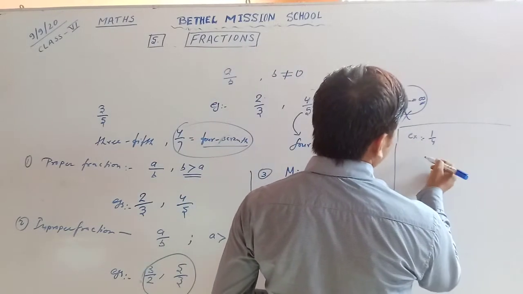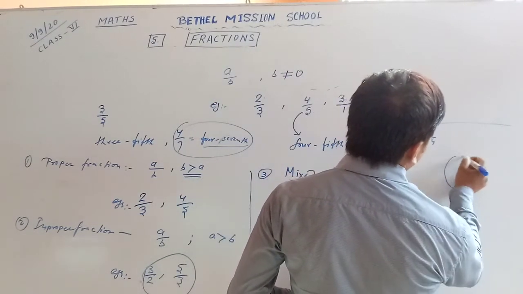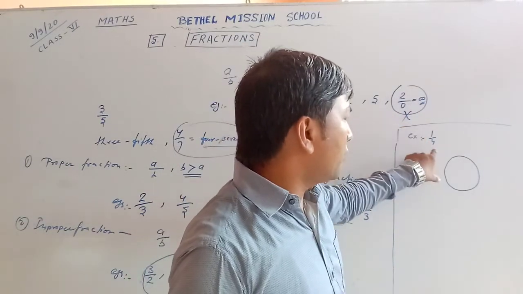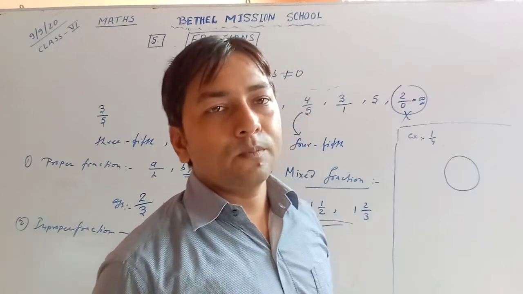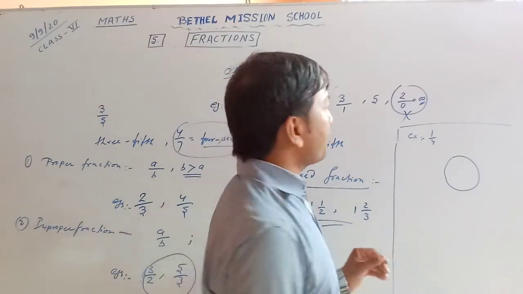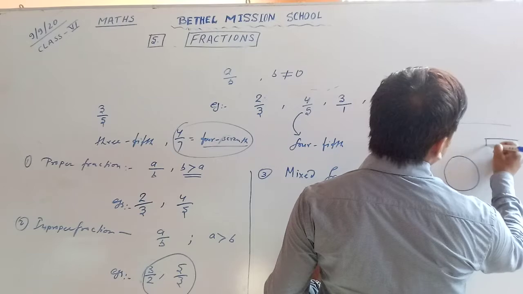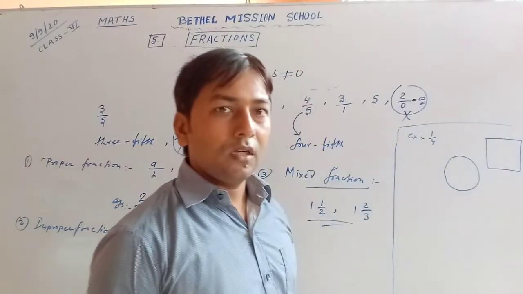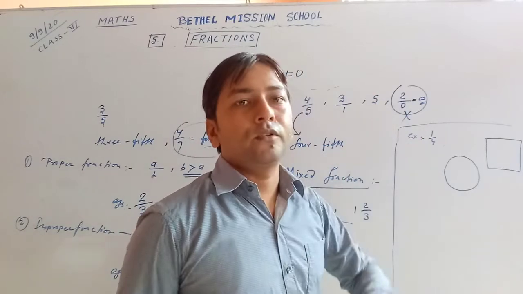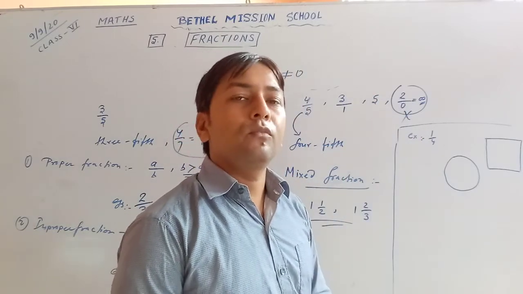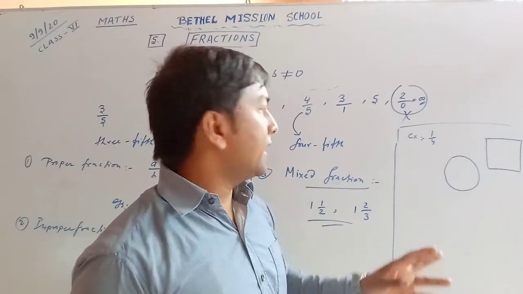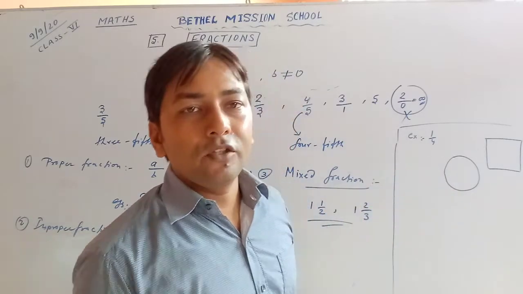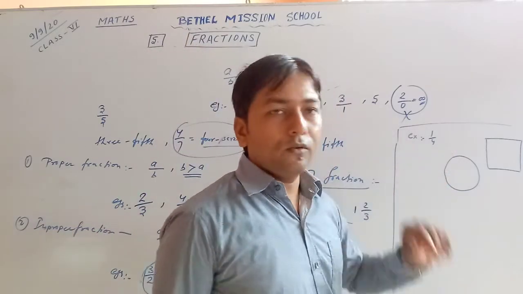Suppose 1 upon 4 is given, there is a circle, and you are asked to show 1 upon 4th part of this picture, or 1 square is given, then how will you show 1 upon 4? And I had also given a model for making fractional numbers. How will you show 1 upon 4 with a model?